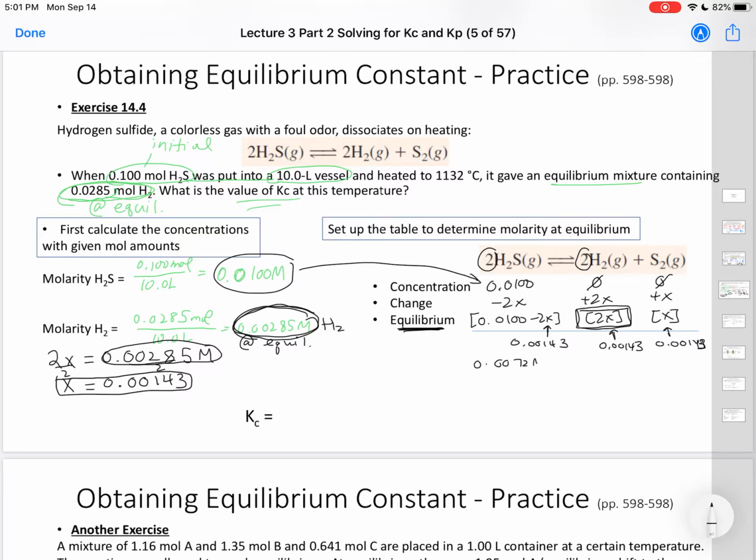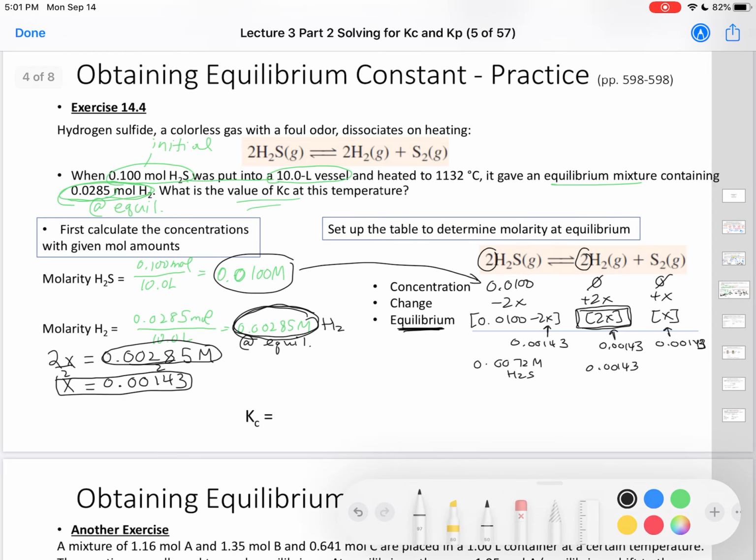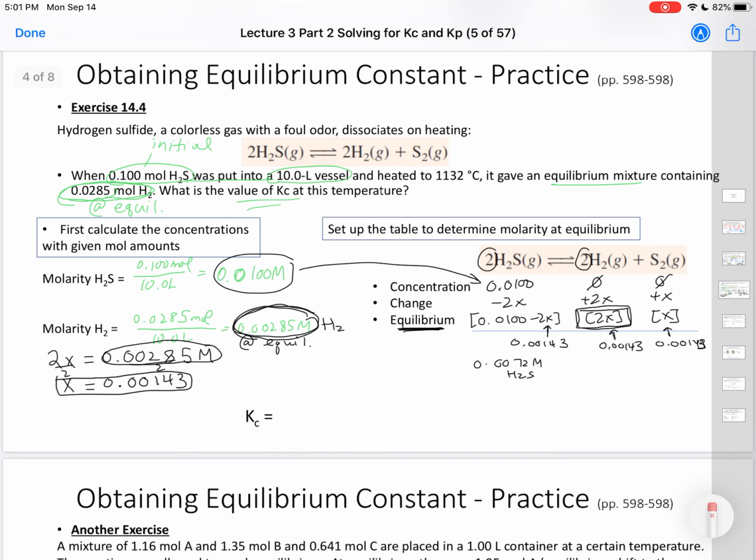I'm going to get 0.0972 molar of the H2S. I'm going to get 0.00143, sorry, times 2. So that's going to be 0.00285 molar of the H2 and 0.00143 of the S2.